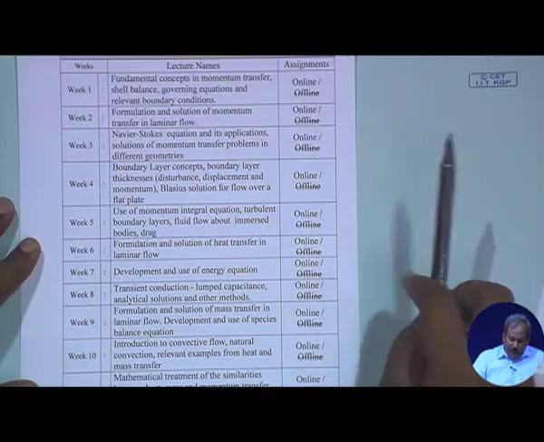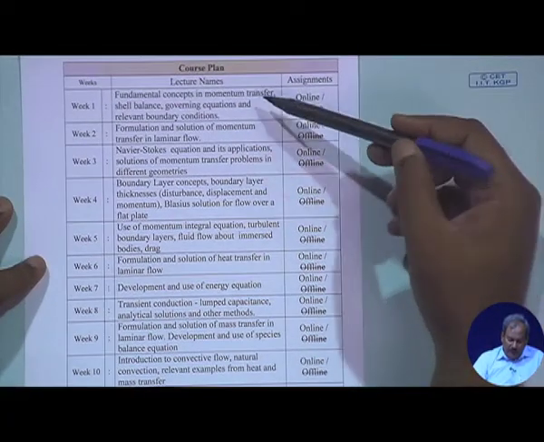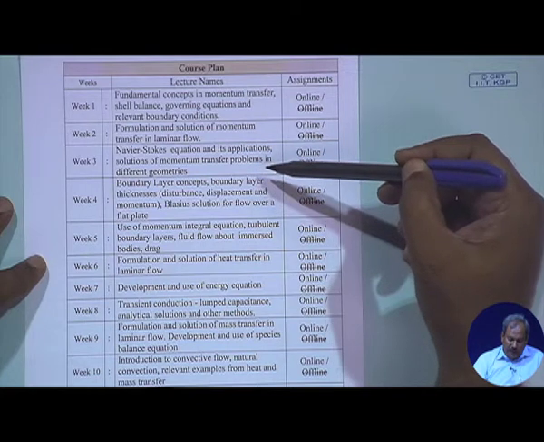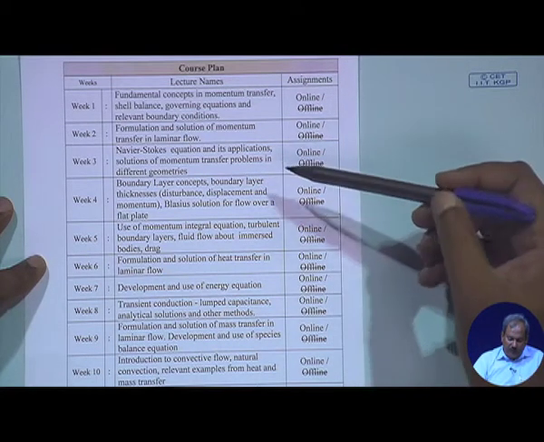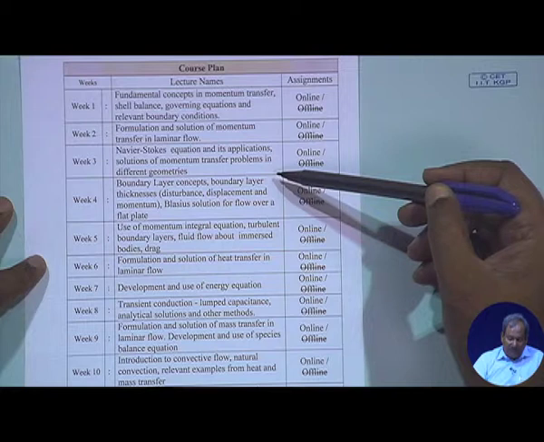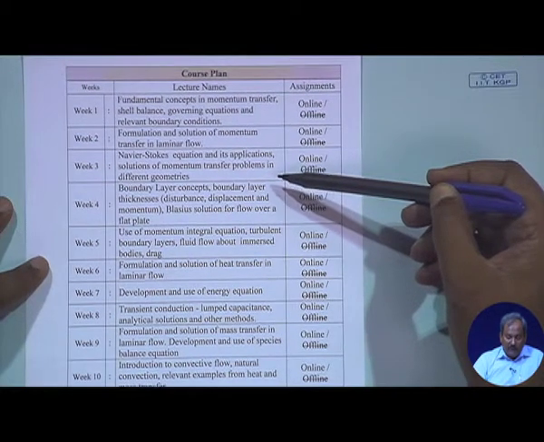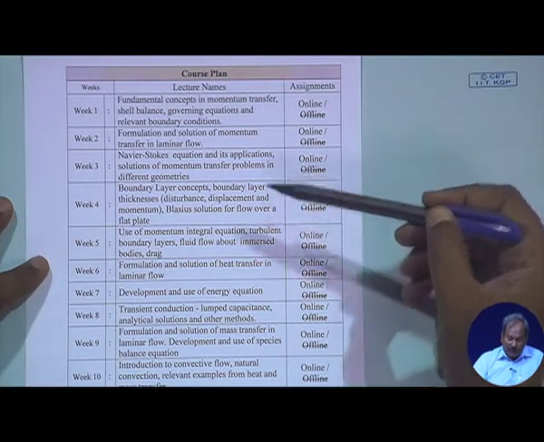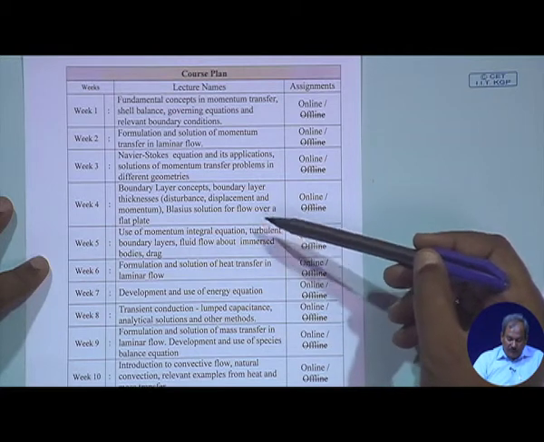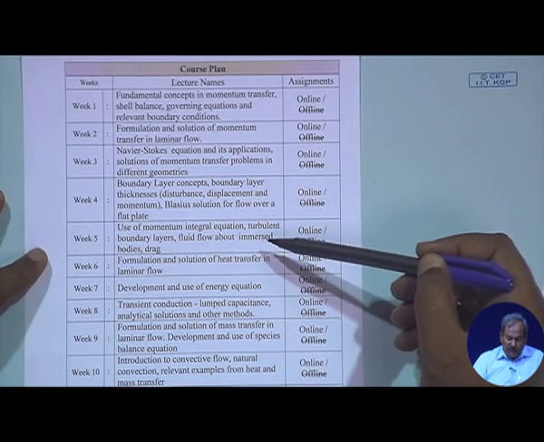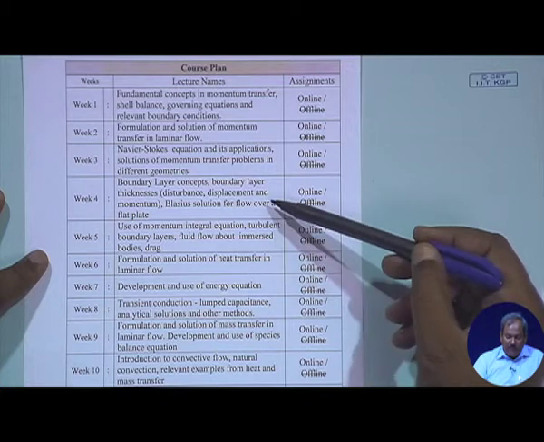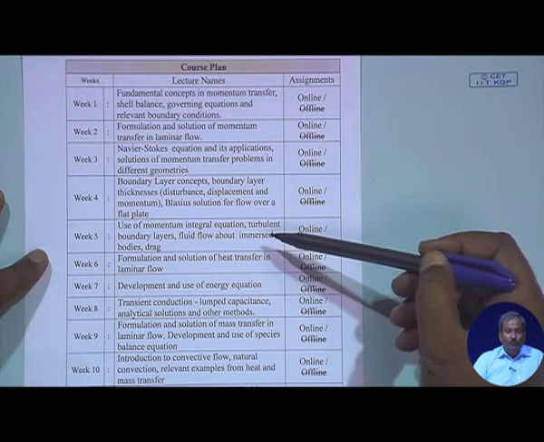in class. So going back quickly once again, the first few weeks up to Navier-Stokes equation, we have used extensively the textbook of Bird-Stewart-Lightfoot. The boundary layer concepts, the momentum integral equation, this was from the book of Fluid Mechanics by Fox and McDonald, as well as in Bird-Stewart-Lightfoot.